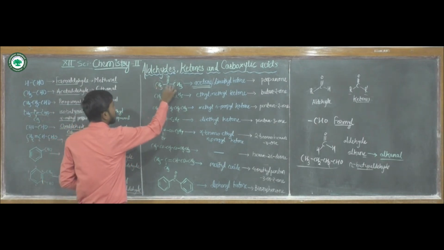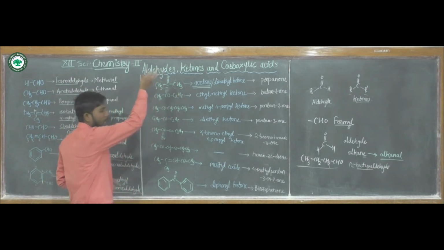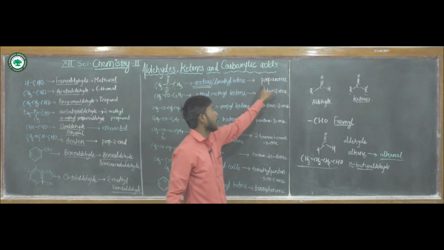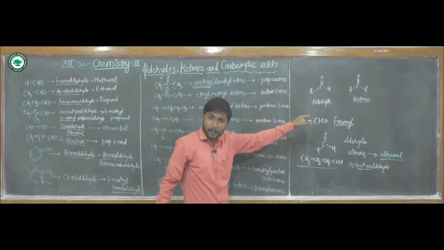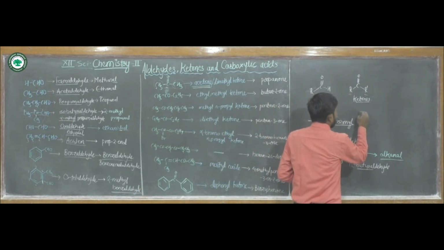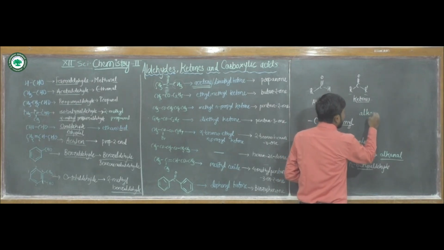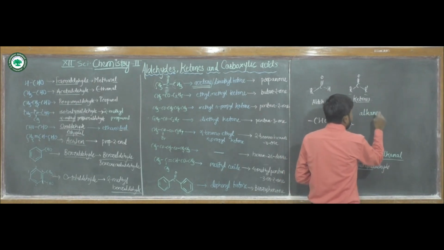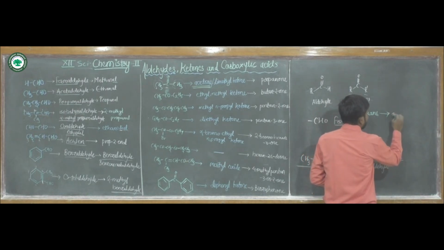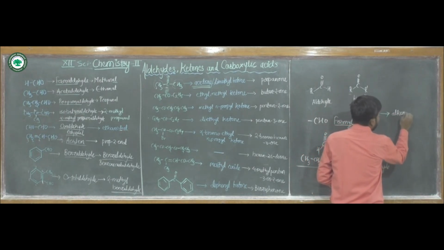Here, carbon number first, second, third. The second carbon is the carbonyl carbon. There is no need to give the position, as there are only 3 carbons. That's why it is propanone. In ketones, the E of the parent alkane is replaced by the suffix ONE, and the name will be alkanone.